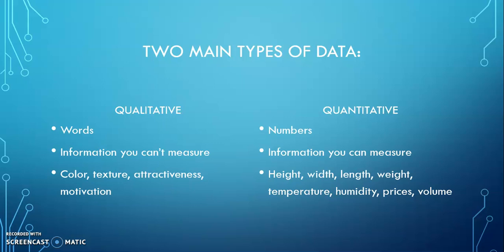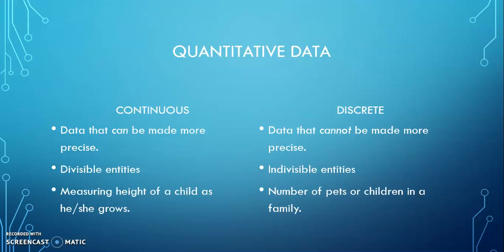Now, qualitative data and quantitative data are, again, the two broad categories, or the two main groups of data. But there are further subcategories of these two types. So let's talk specifically about quantitative first. Personally, in my opinion, quantitative data is the easiest data to work with whenever you're trying to do your science fair projects.